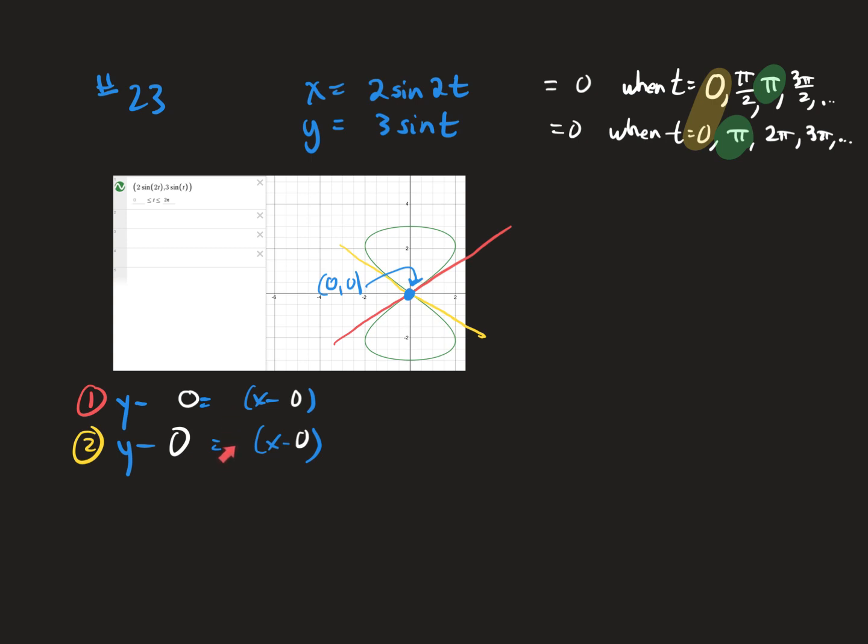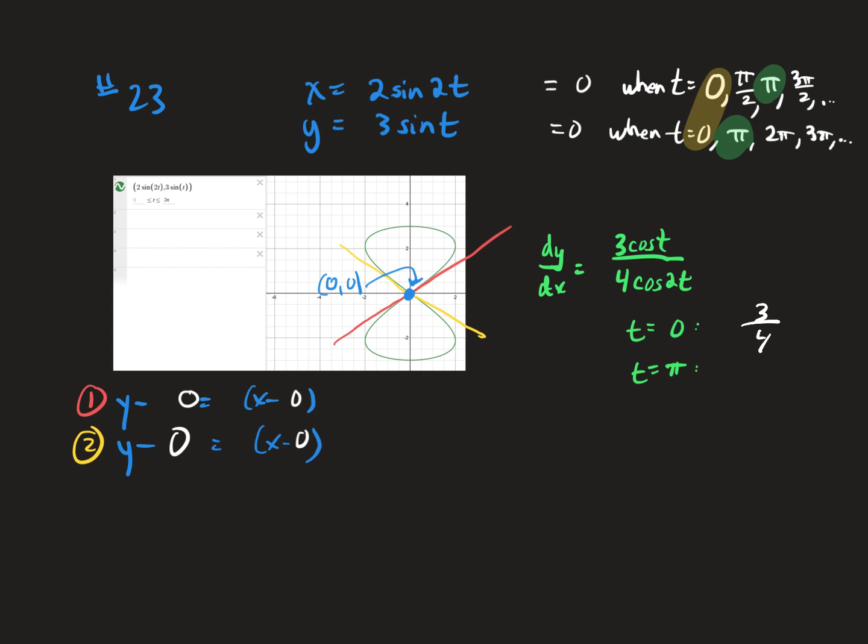So we'll need to find dy/dx for these parametric equations. dy/dx is dy/dt divided by dx/dt. And when t is equal to 0, the slope is 3 times cosine of 0, which is 3, over 4 times cosine of 0, which is 4.